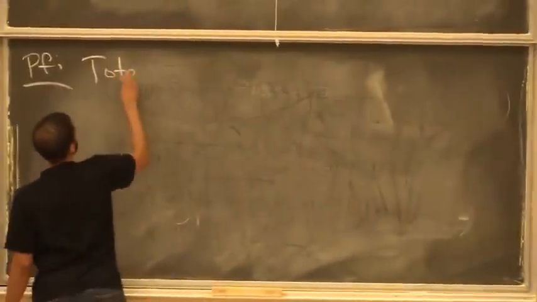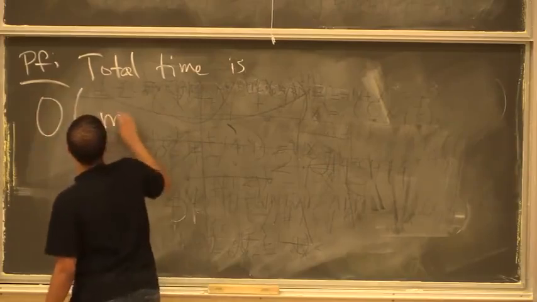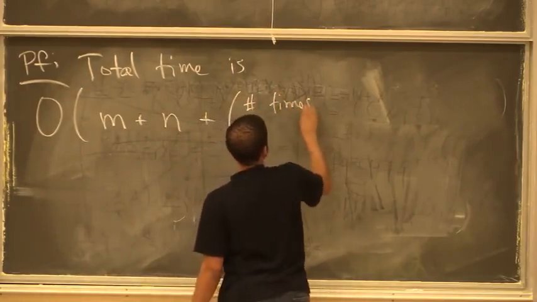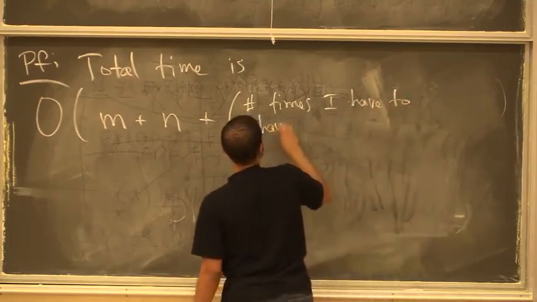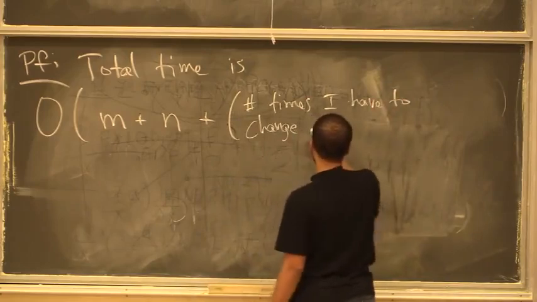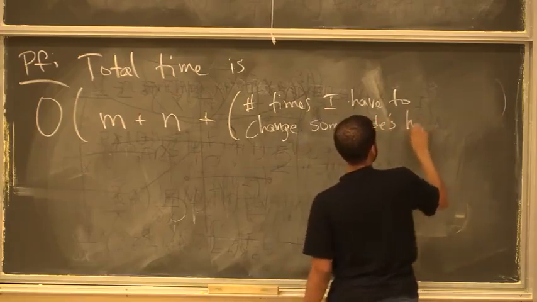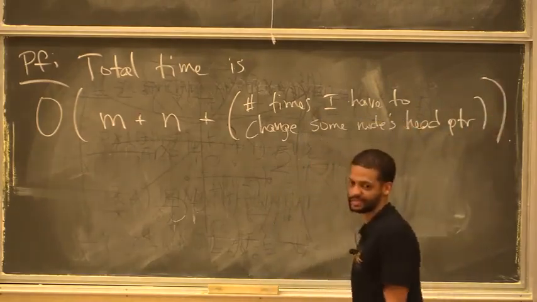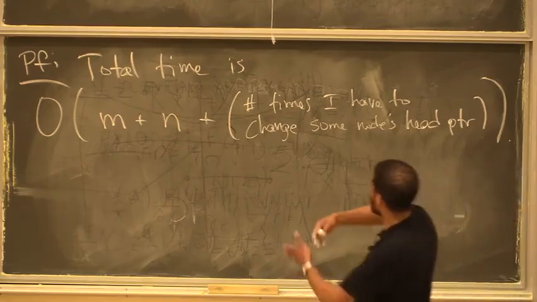Okay? So the total time is O of m plus n plus the number of times I have to change some node's head pointer over all operations.